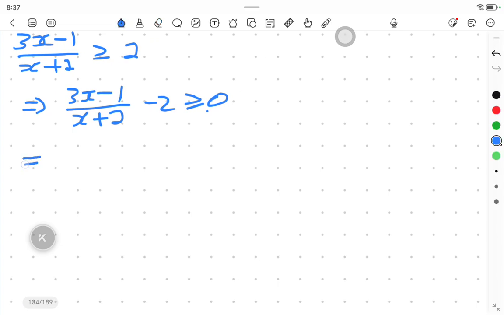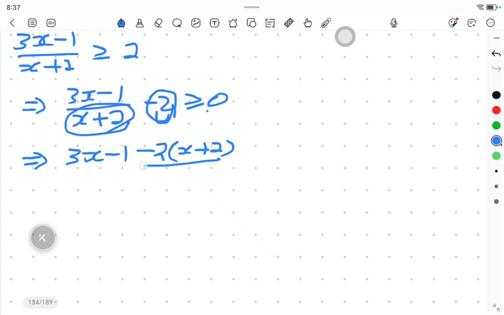So this will be 3x minus 1 minus 2x plus 2. I'm going to take this minus 2 multiplied by this, then subtract it from 3x minus 1, for those who forgot, and then divide by that whole set.